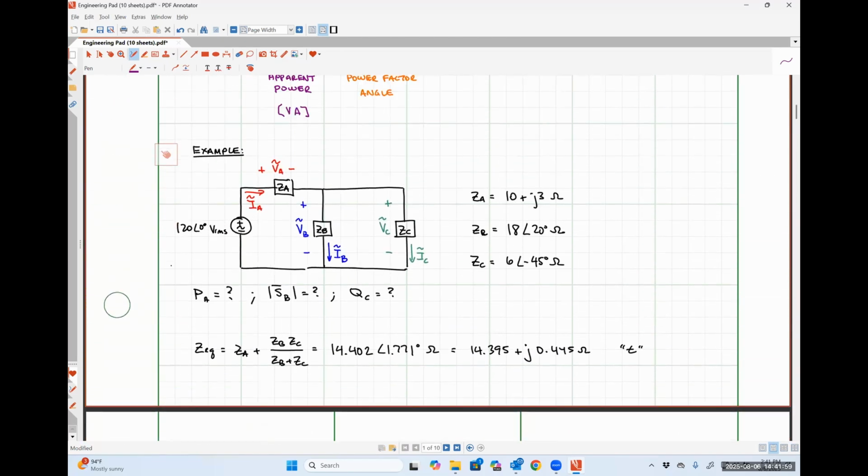Okay. So lastly, we need to figure out what's going on with impedance ZC. So I hope that we can all agree that the voltage drop across impedance ZB and the voltage drop across impedance ZC are the same thing because those two elements are in parallel.